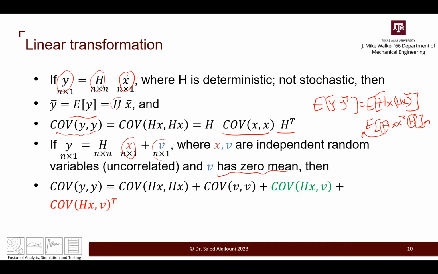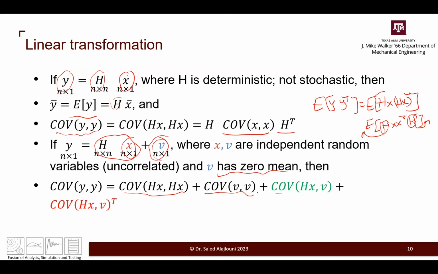Then the covariance of y, remember the sum relationship: when you sum two random variables, the covariance is nothing but the autocovariances plus the cross covariance.